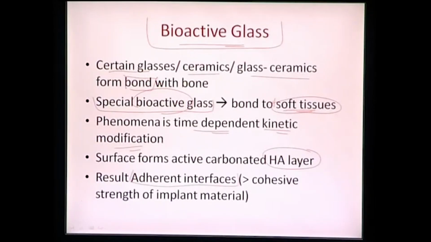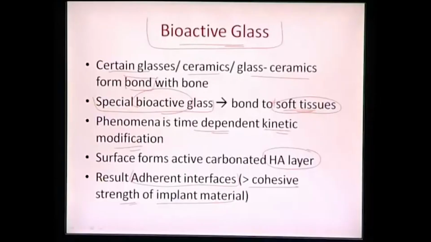Once the surface is highly adherent, then its cohesive strength can increase beyond that of an implant material. So that is the overall strategy: we have certain glasses, ceramics or glass ceramics that can bond to hard tissues or soft tissues, and we can induce certain time dependent factors of how it is getting dissolved and how a new cell is taking its place.